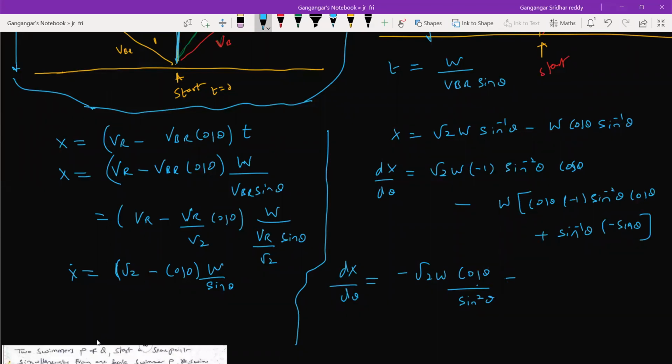Negative of negative, this will be positive. W by cos square theta sin square theta. This will be only W.